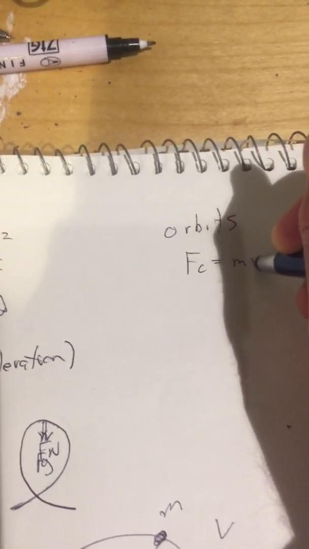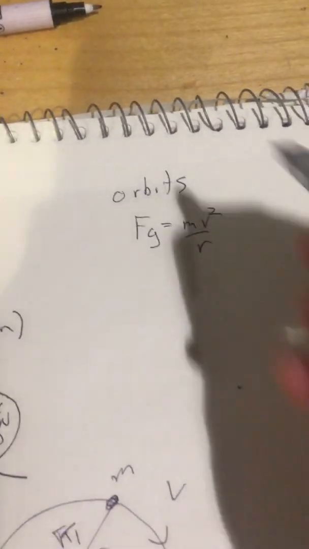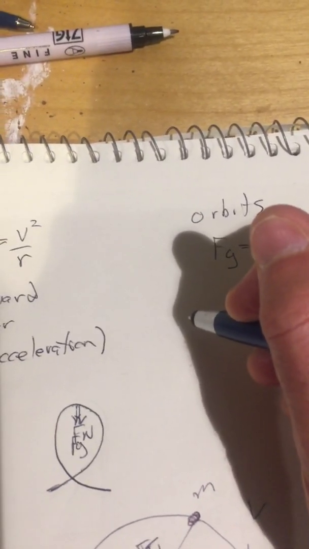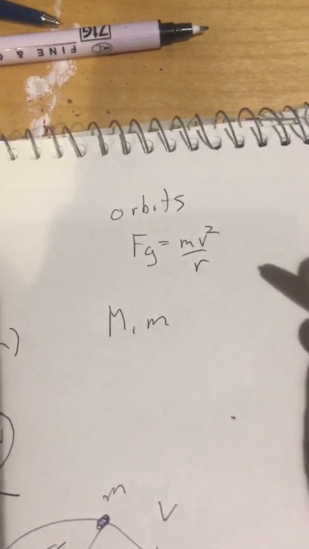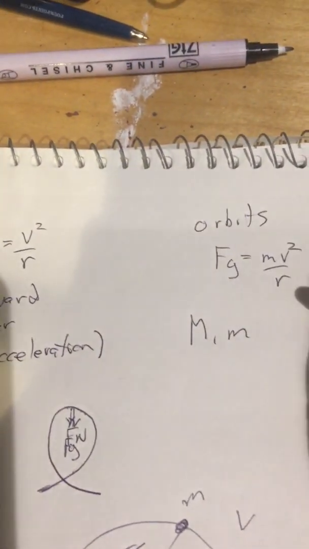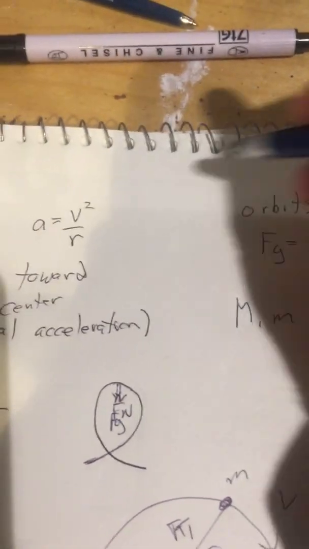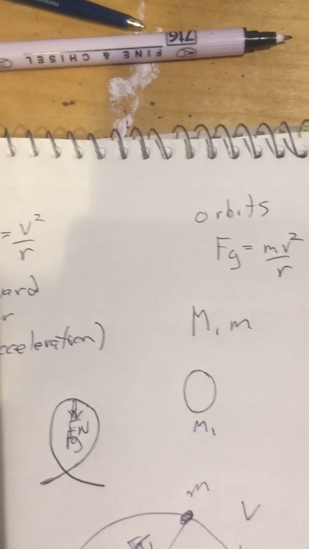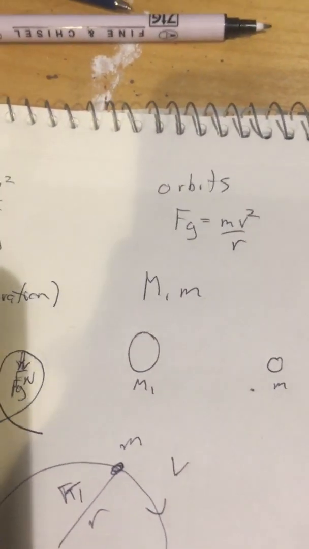where we combined this equation, where gravity was the centripetal force, and we used the equation for gravity, Newton's law of gravity, which basically says that it's equal to mass 1 times mass 2, or mass 1 times the mass of the object, where when you have gravity, of course, you have two objects, one with a bigger mass, one with a smaller mass in the cases we've discussed, and the smaller one orbits the bigger one in approximately a circular path.